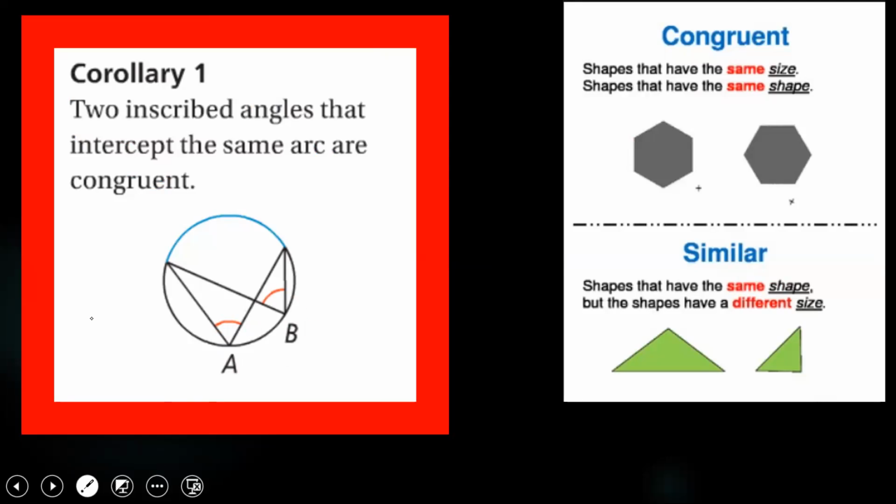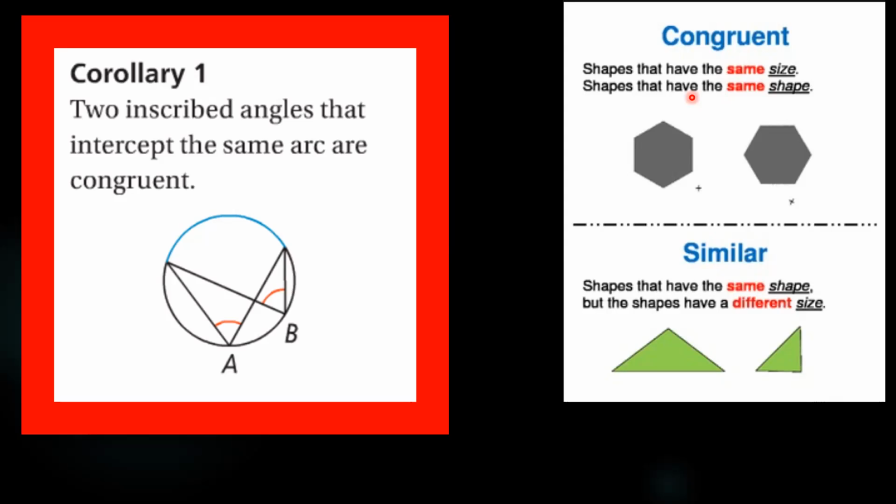Now, let me remind you what is the meaning of congruence and what is the difference between congruent and similar. Congruent means the shapes have the same size and the same shape, like the same area, 20 meters square, 20 meters square.